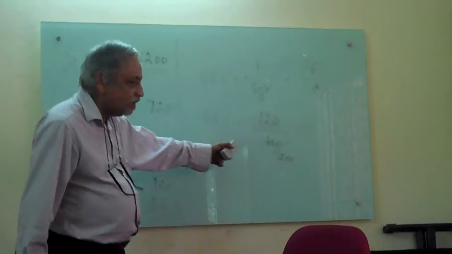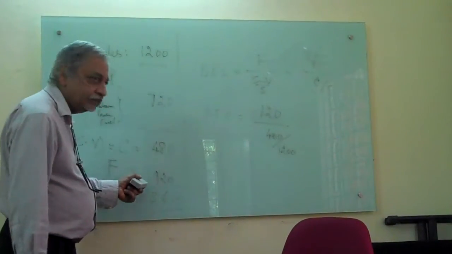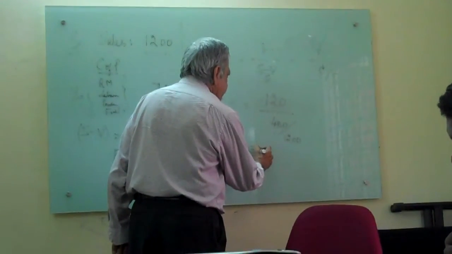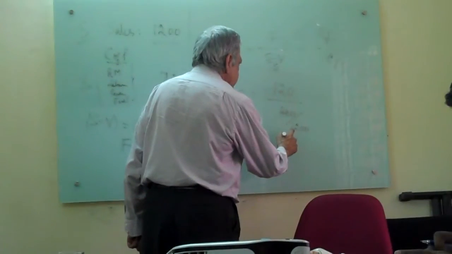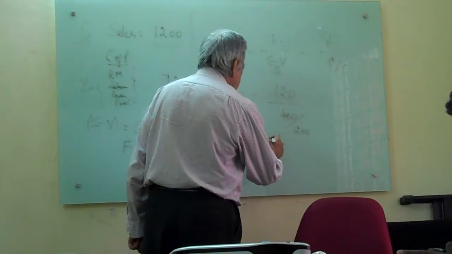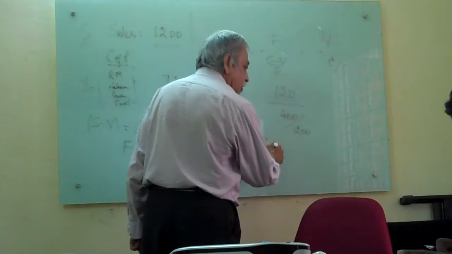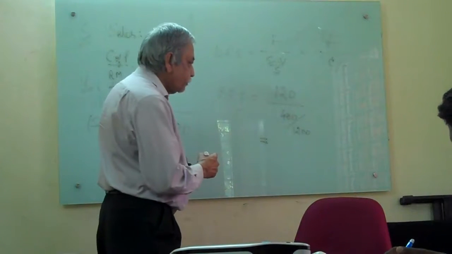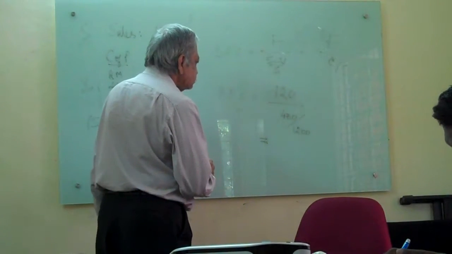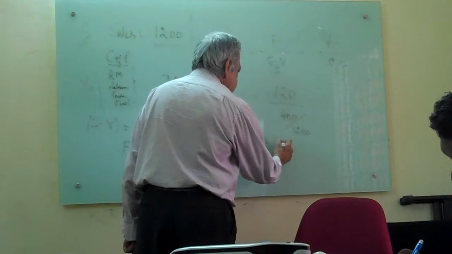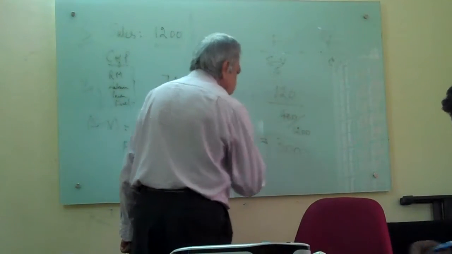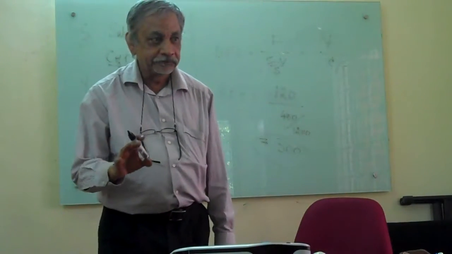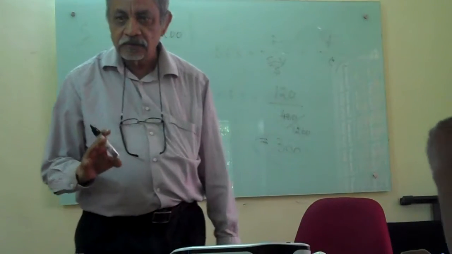This is my substitution, and this will reduce itself. Clear. 300. Rupees, not number. Break-even sales in rupees is 300.